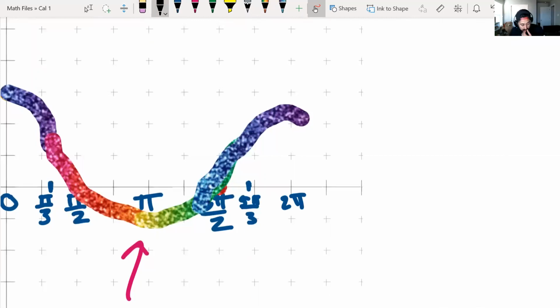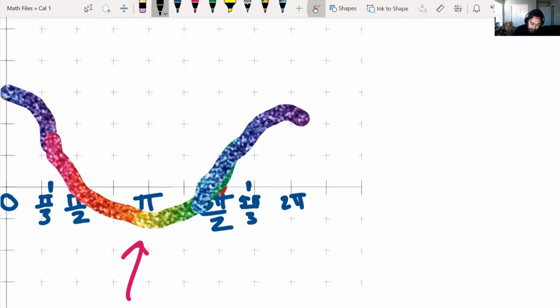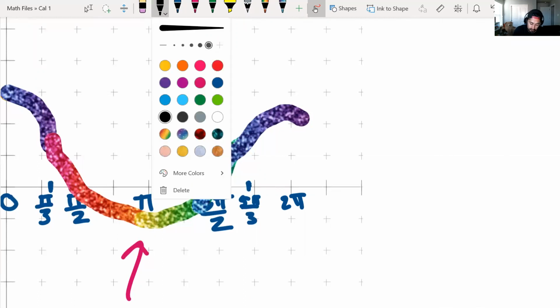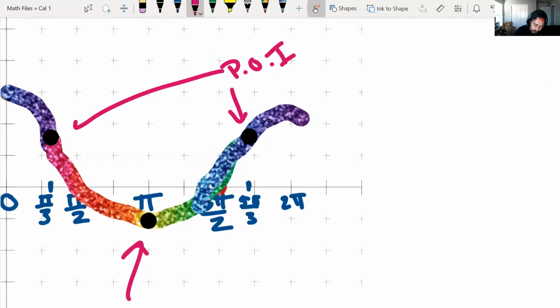So right there was my minimum. I guess I can make that a point that's visible. There was my minimum. And then at 5 pi over 3, there was my point of inflection. And then at pi over 3, right there, that was my second point of inflection.